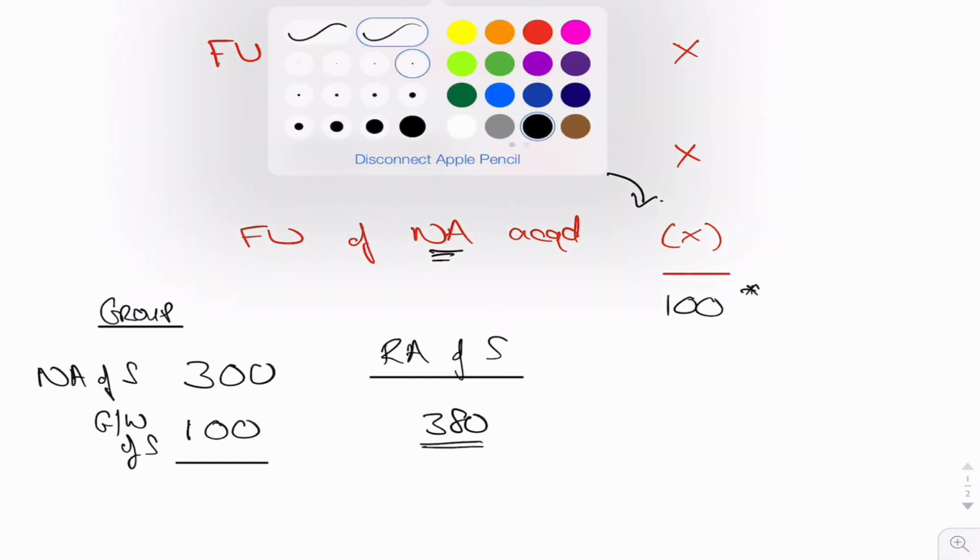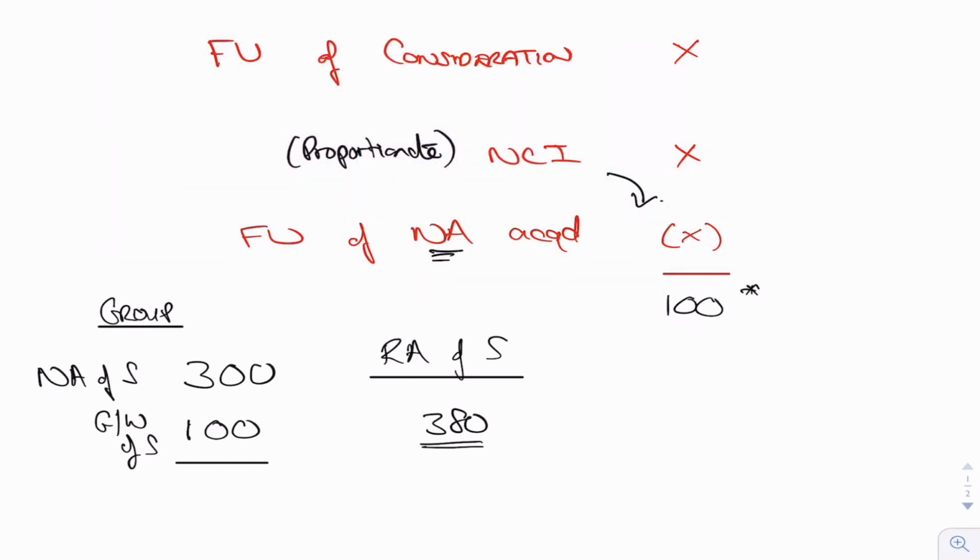So what that means is, the recoverable amount of S that they tell us is for 100% of S. The net assets of S is for 100% of S. And let's say the proportionate amount was 80%. Well, the goodwill that I've got in, because I use the proportionate method, just represents 80%. And that's not fair. I'm trying to compare like with like.